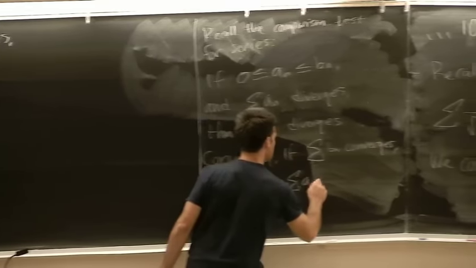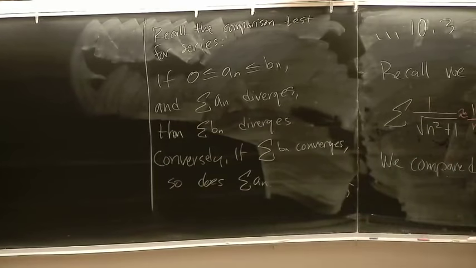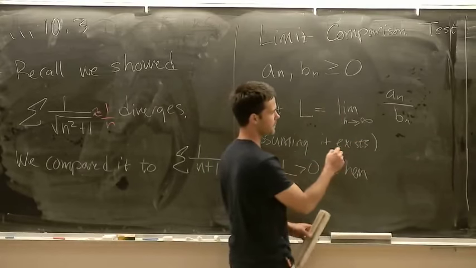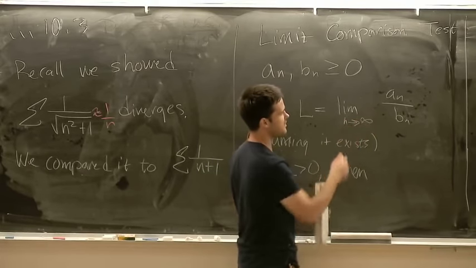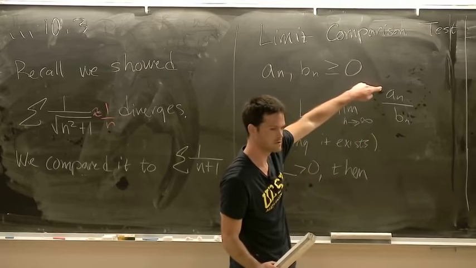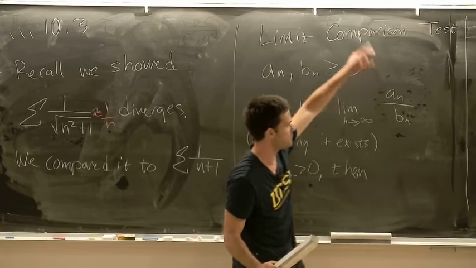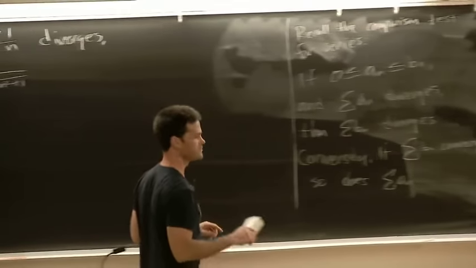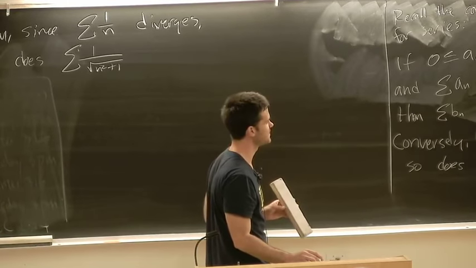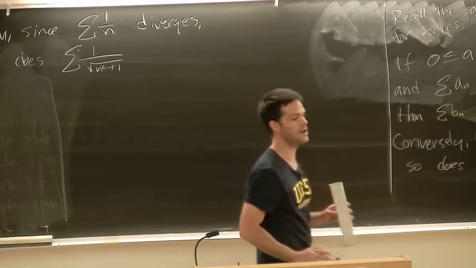So let me check that that's what I wrote for the infinite case. In the infinite case, if the limit is infinity, that means An is the bigger series. So if the bigger series converges, then the smaller series converges. Is that also for the opposite? If An converges? No, that's where you cannot apply it.